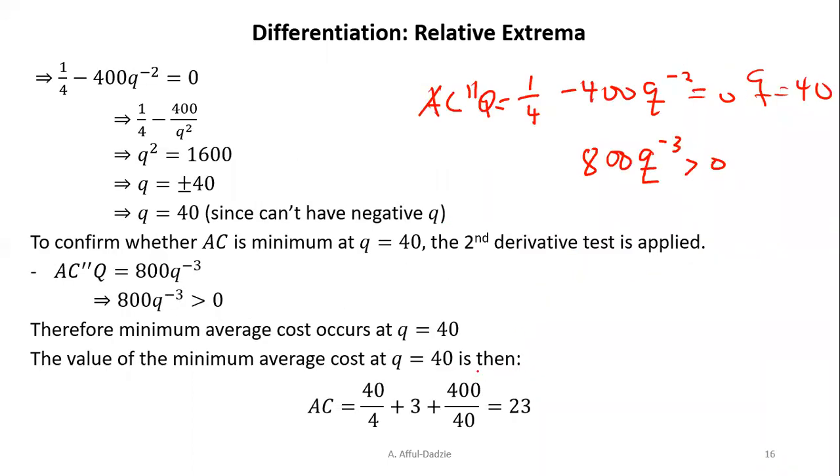So we found Q to be 40, and so we substitute it here, and then we had 23. So the least possible cost we would incur given this function is 23. And that is when we are producing at 40. So anything that we will produce above 40, we are going to incur additional cost to produce.